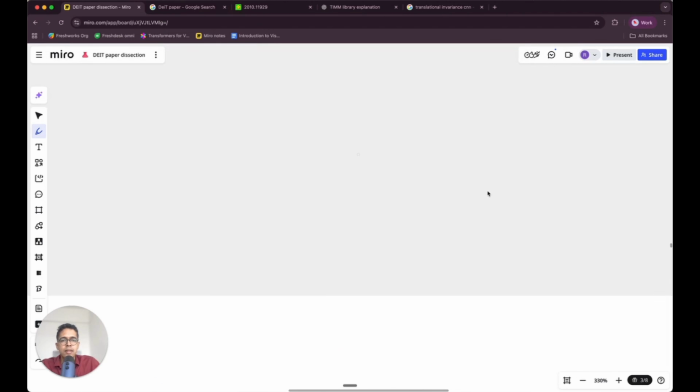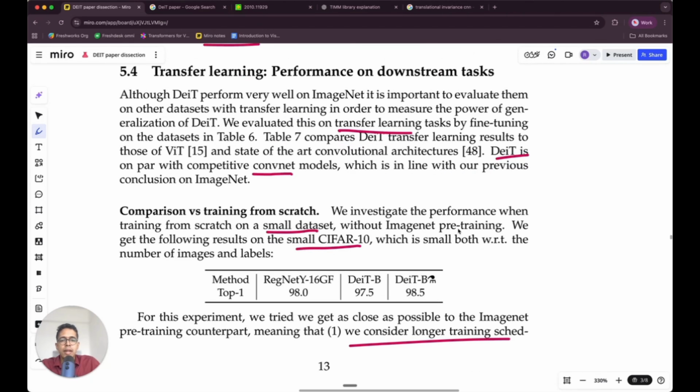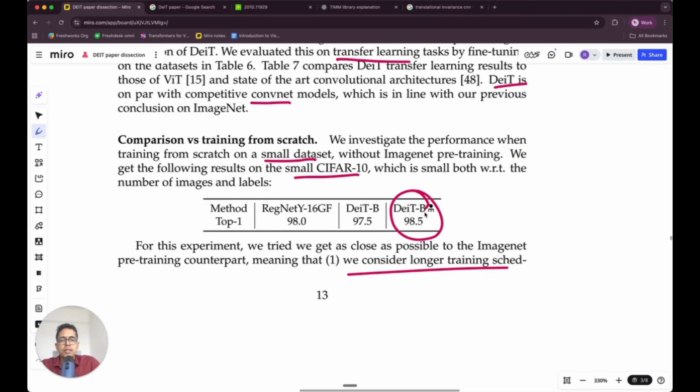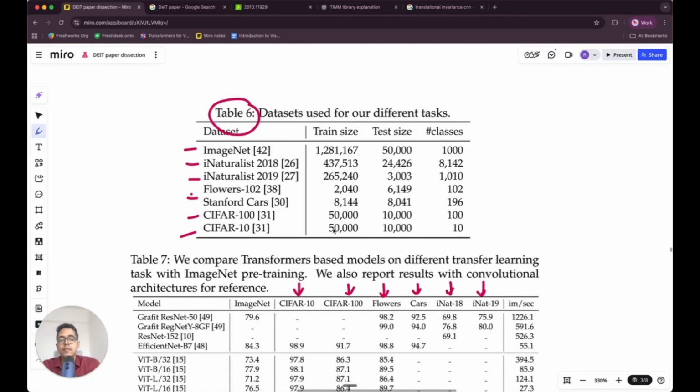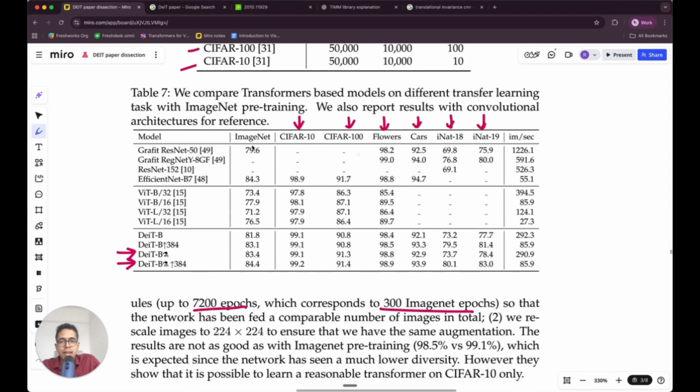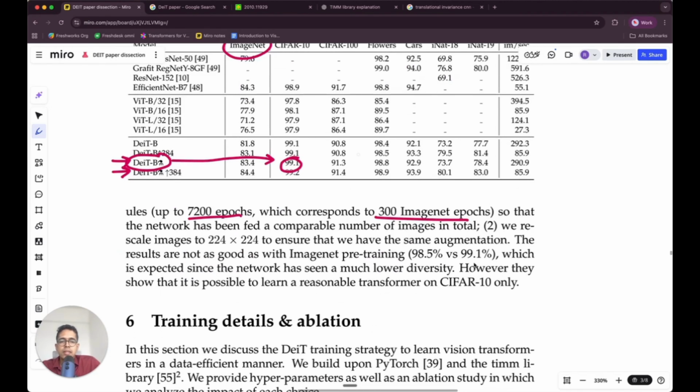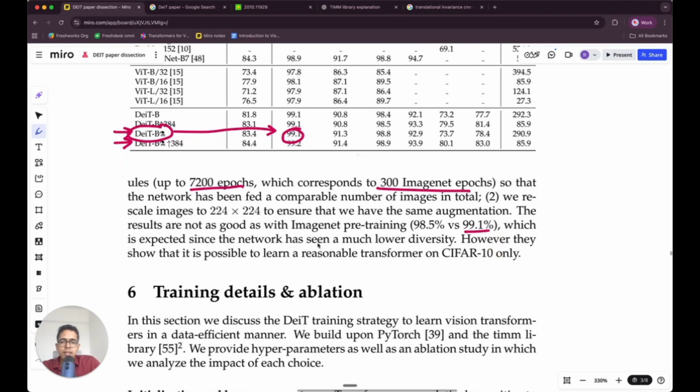Where is that? Here. So 98.5 versus 99.1 when we pre-trained with ImageNet. And where is that 99.1? This is ImageNet and this is the DeiT baseline. And where is CIFAR 10? This one. This is CIFAR 10. So this model is pre-trained on ImageNet. On that, it's 99.1, which is expected since the network has seen a much lower diversity.